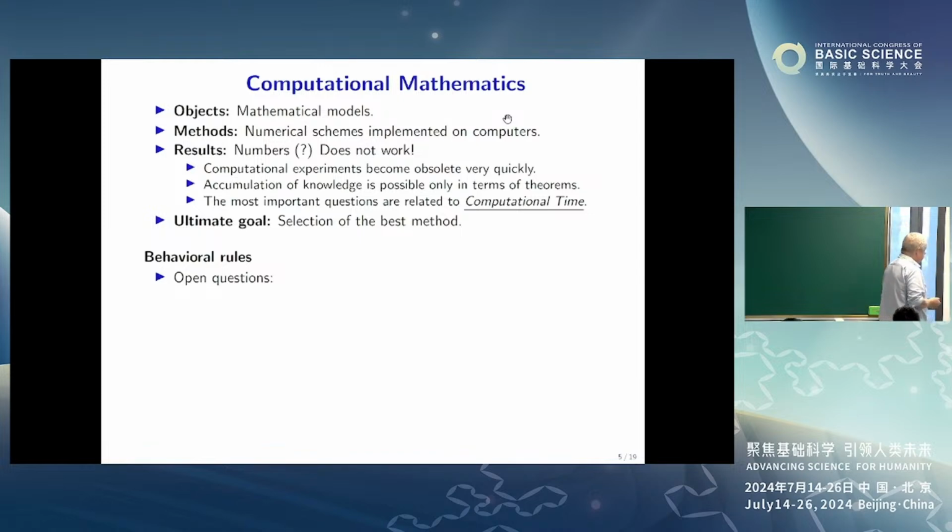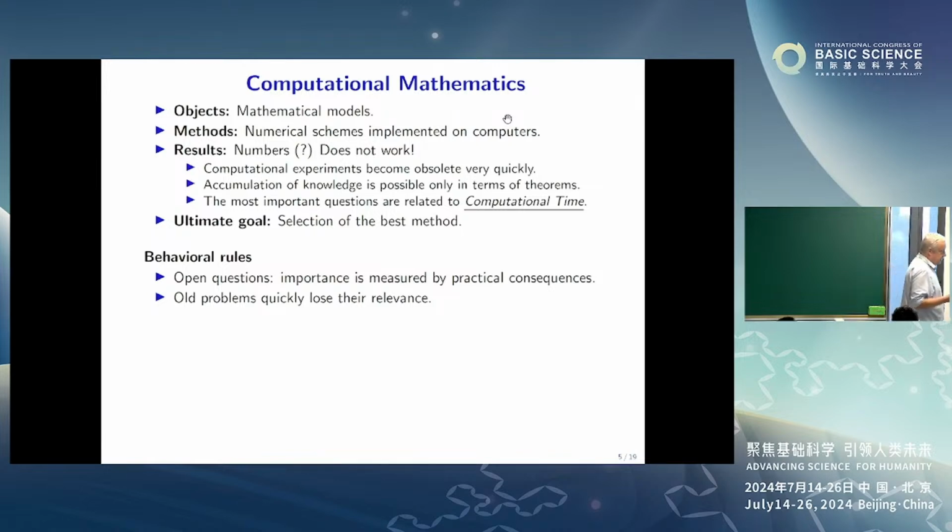So the mathematics, by potential application, all very quickly. Actually, just because we are trying to do that.